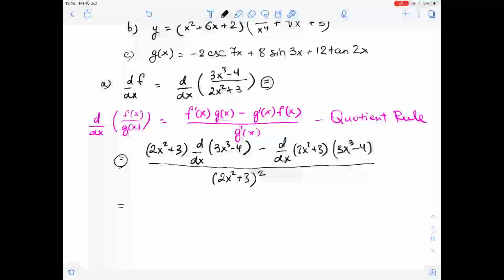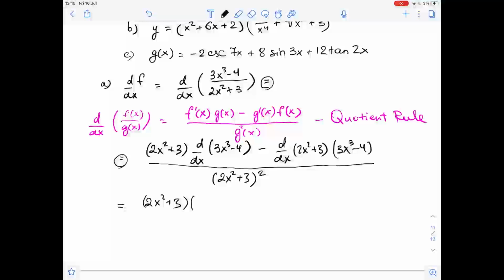Well, let's simplify this. We get that 2x squared plus 3 is multiplied by, so the derivative of 3x cubed minus 4 is equal to the derivative of 3x cubed minus the derivative of 4.